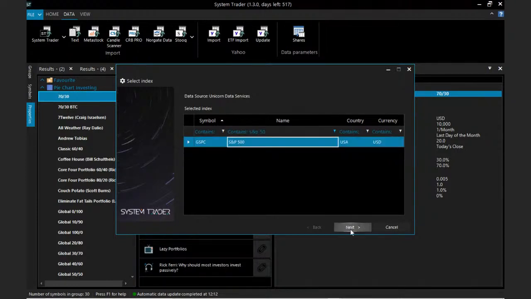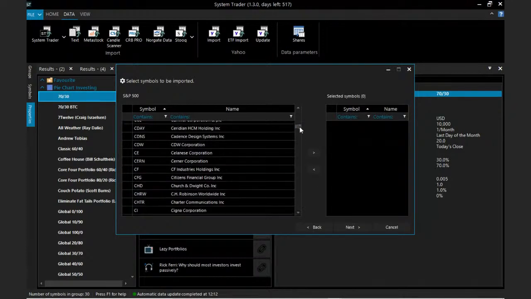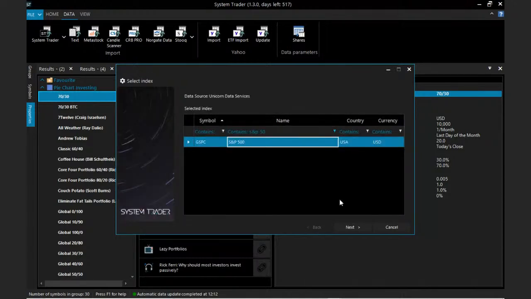And then you can just import all the stocks from the S&P 500, and you don't have to pick one by one stock from the S&P 500. You can just import all 500 stocks in one batch, because it's a predefined list of stocks from that particular index. So that's very important as well.